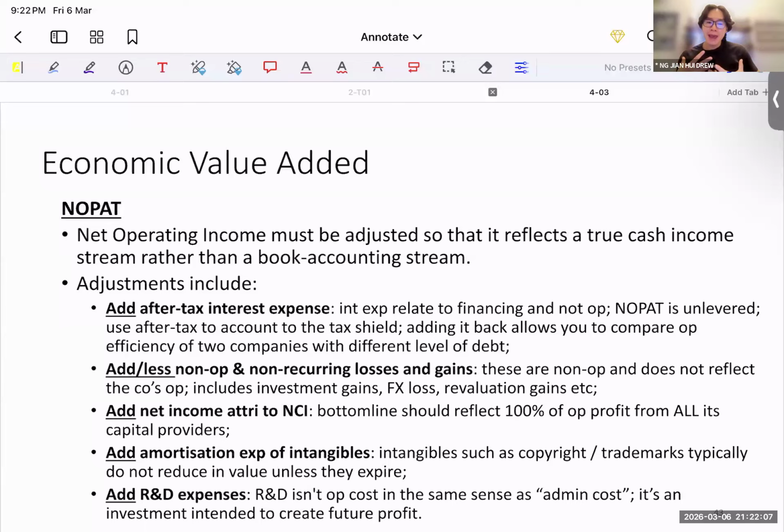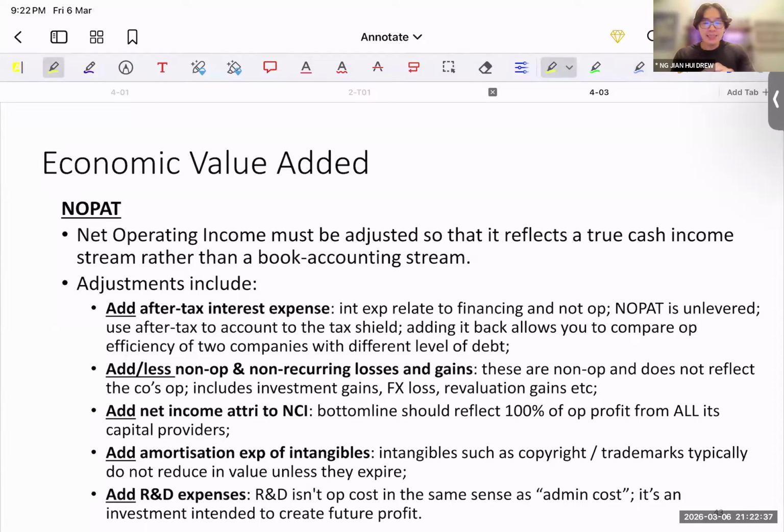The idea of NOPAT is basically trying to show you the profit, or the net profit, from operations only, right? So when we think about net profit from operations, then you have to remove or add things that we feel are not relating to operations.